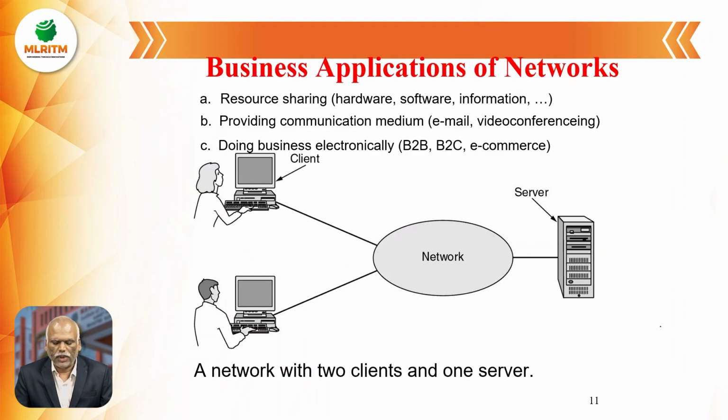Business applications are mainly used for sharing resources like hardware, software, infrastructure, and information. Providing a communication medium like email and video conferencing is part of business applications, then doing business electronically: B2B, business to business, business to customer, and e-commerce.